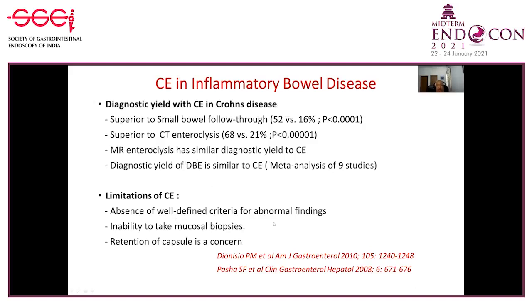There are certain limitations. There are no well-defined criteria for abnormal findings, especially the small findings: erythema, erosions, ulcers, aphthoid ulcers. There are no good criteria that have been given. Inability to take mucosal biopsies is another problem, and retention of the capsule in stricturing disease is a third issue.